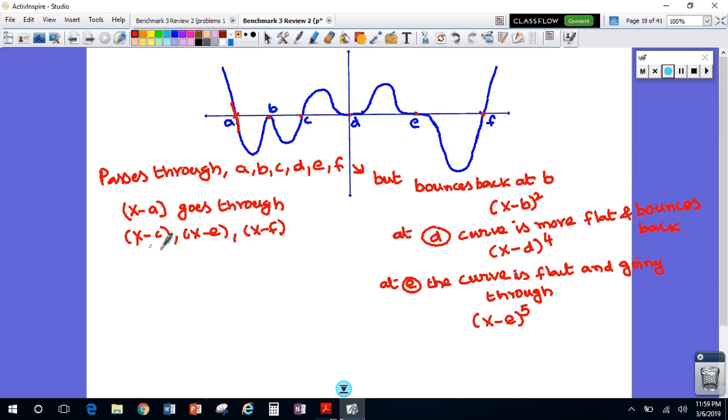So now we multiply all these factors to get our polynomial.